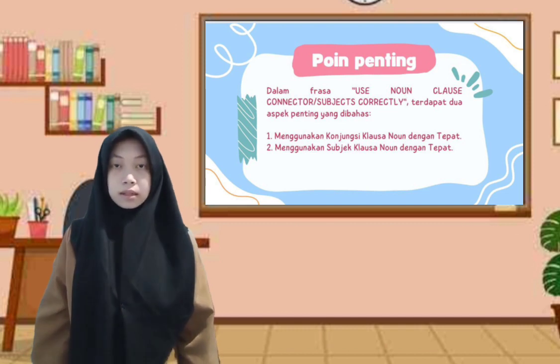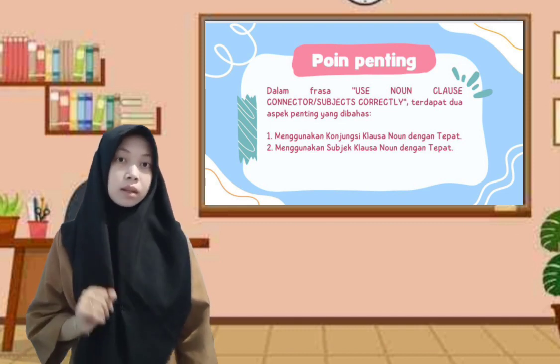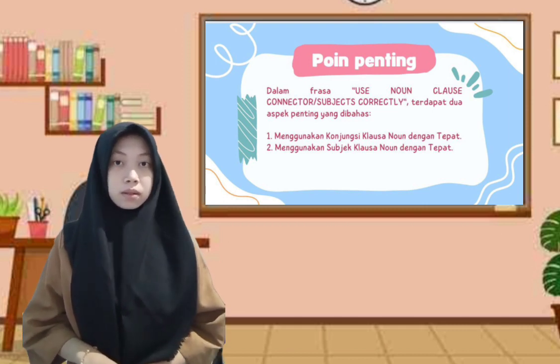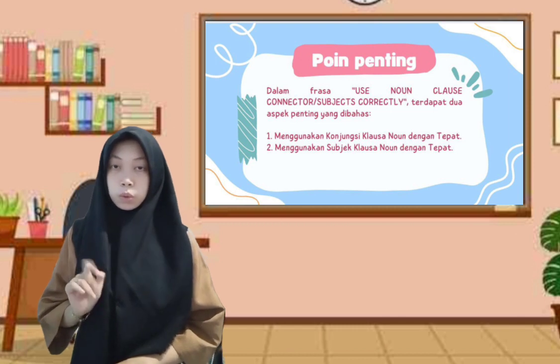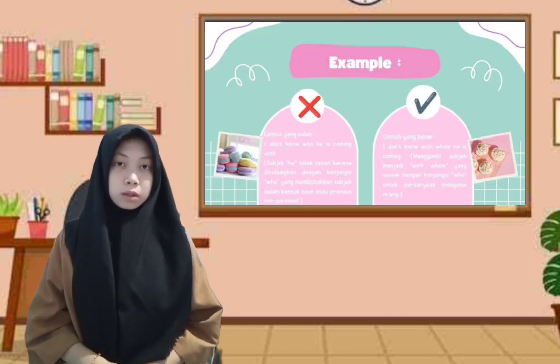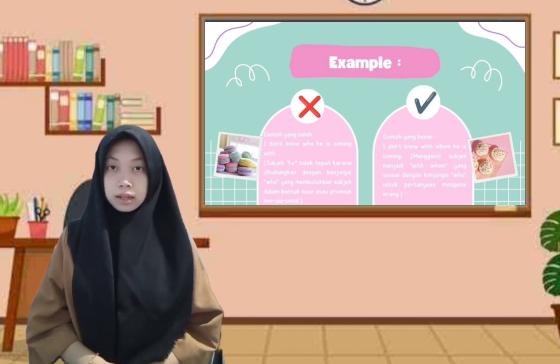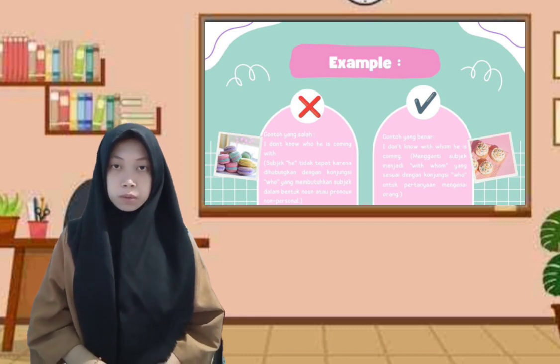Important point. In the phrase, use noun clause conjunction correctly. Number 2, use noun clause conjunction correctly. Example, wrong. The wrong example is I don't know who is coming with.